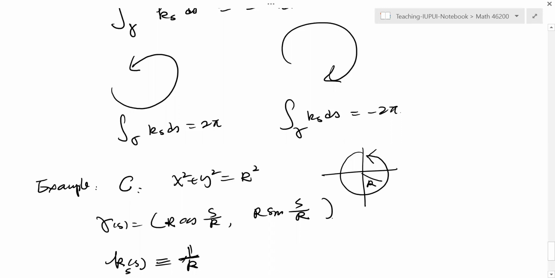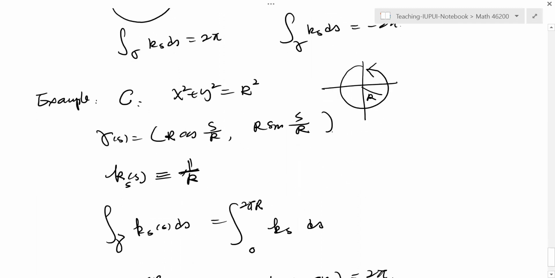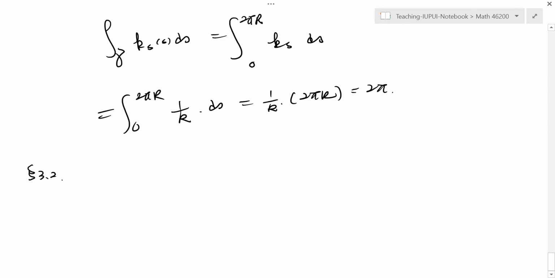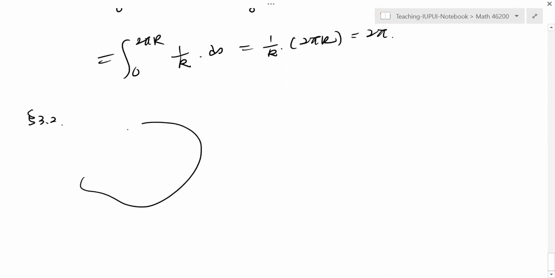Right. Now let's continue to study this curve. There's a famous theorem in section 3.2. It's called Green's theorem. Before we do that, let's study the closed curve, and we're trying to figure out the area of that region.